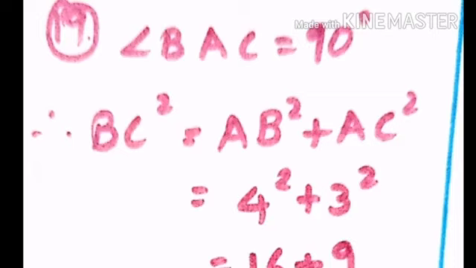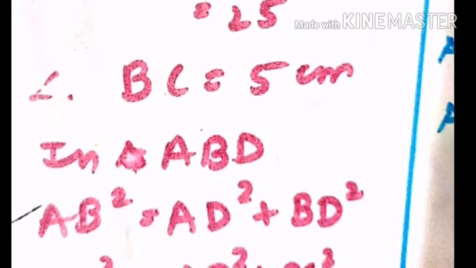So BC square is equal to AB square plus AC square, substituting values 4 square plus 3 square. So 16 plus 9, BC square is 25, and by taking square root we get BC as 5 centimeters. So here we come to the answer, BC is equal to 5 centimeters.